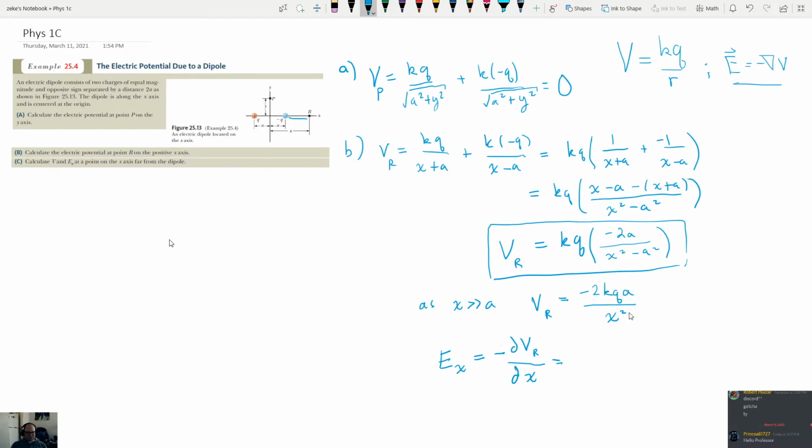So taking the derivative of this and making it negative, we're going to get x cubed. You have to pull down a negative 2 in front, right? So there's a negative sign overall outside. From the denominator, for the power of x, you're going to get a negative 2. And that's multiplied by negative 2kqa. And all of that then is divided by x cubed, I think.